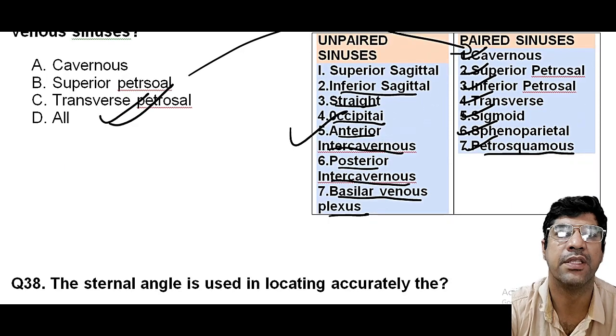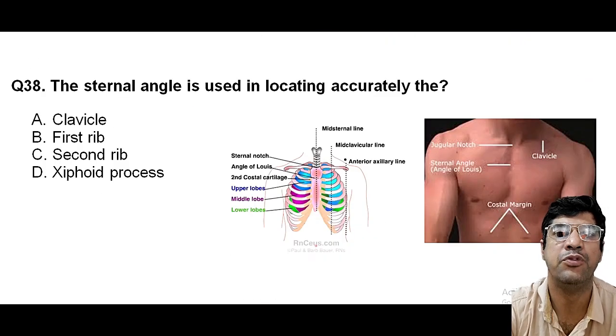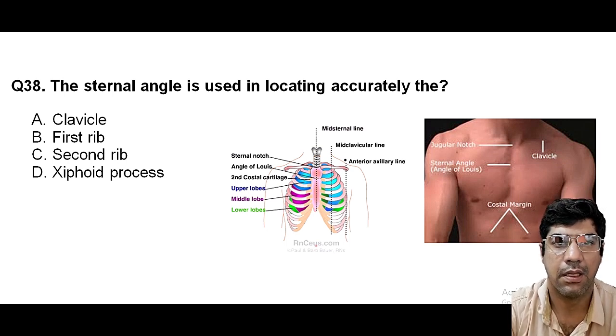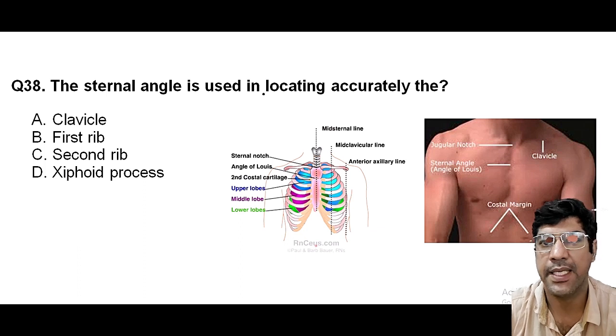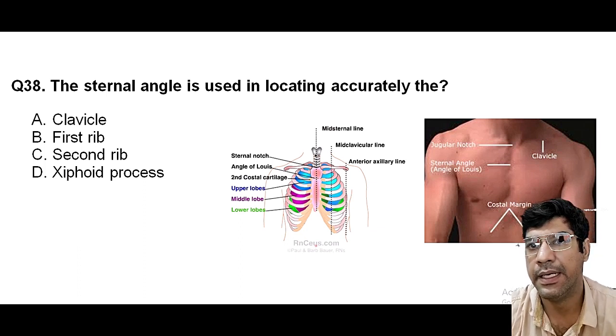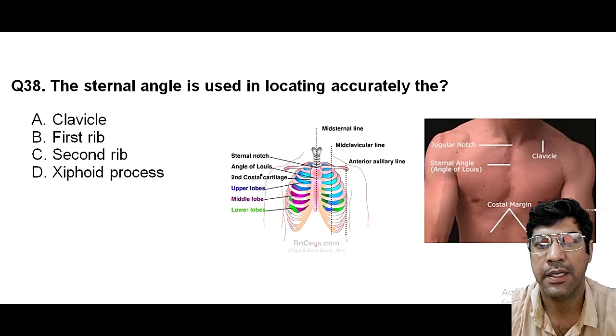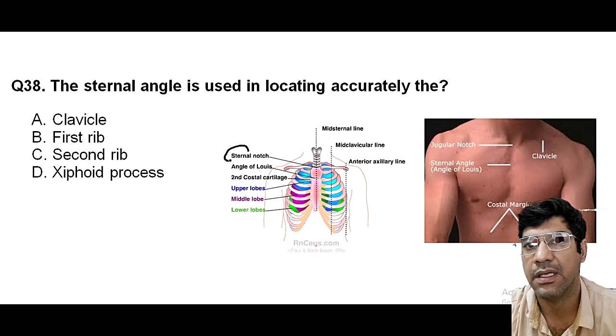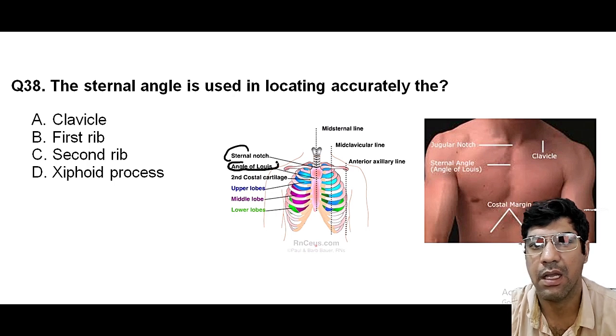Moving to the next question, the sternal angle is used in locating accurately the trachea. It divides into right and left bronchi at the level of this sternal angle.